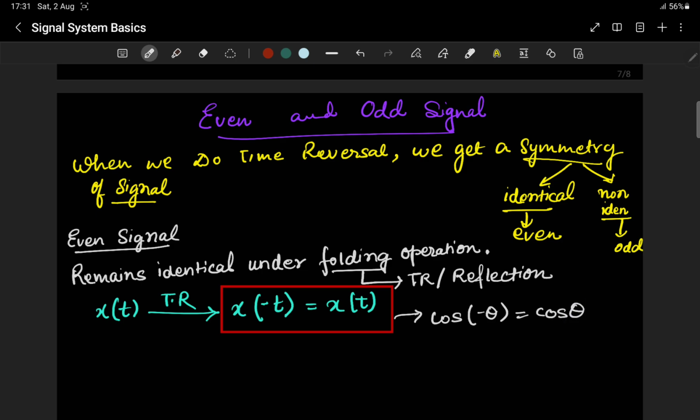So the basic example is cos(omega t). When we do time reversal, it comes as cos(-omega t), giving rise to cos(omega t). So it is a basic example of an even signal.